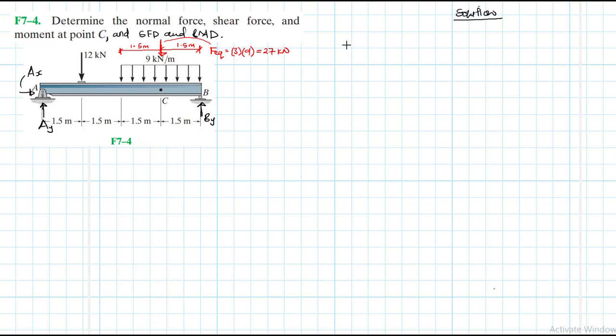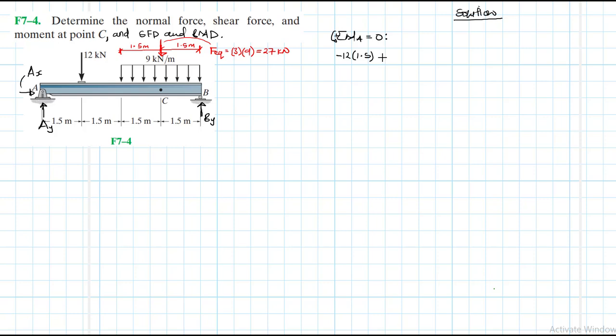Let's apply the equations of equilibrium. So let's start with applying the summation of moments about point A equal to 0, anti-clockwise being our reference. Alright, what do we have? We have a minus moment being caused by 12 kilonewtons, so 12 by 1.5. And then what else do we have?